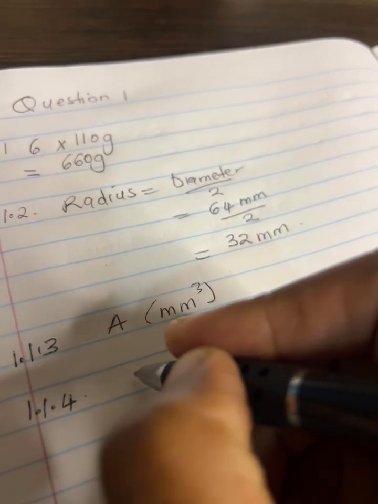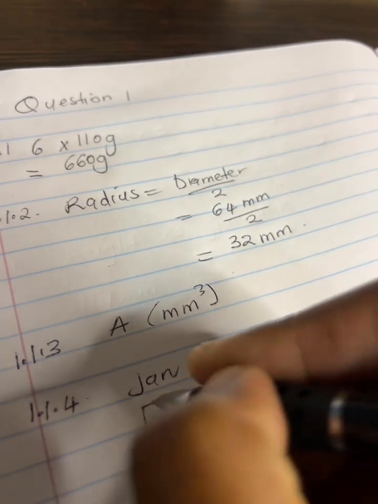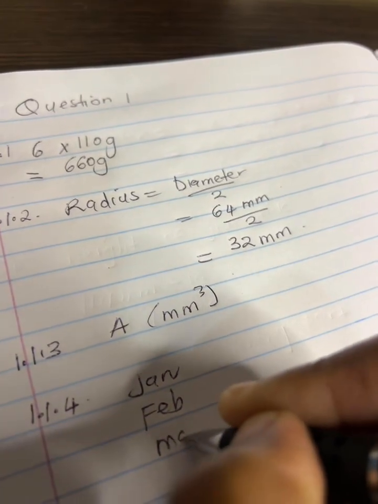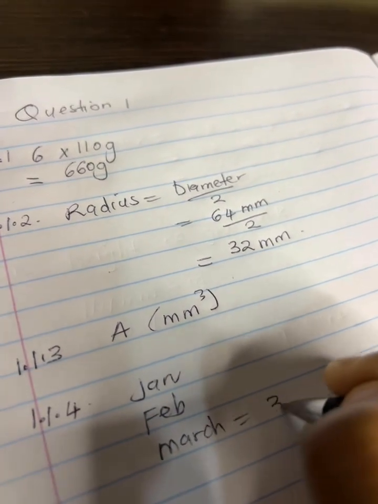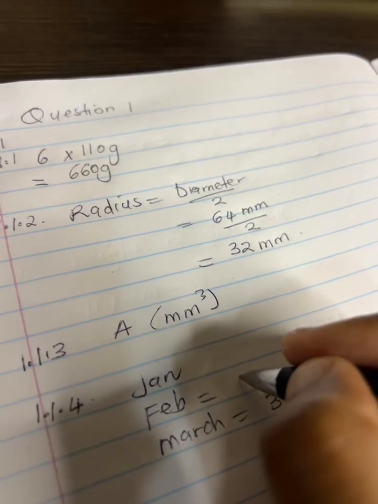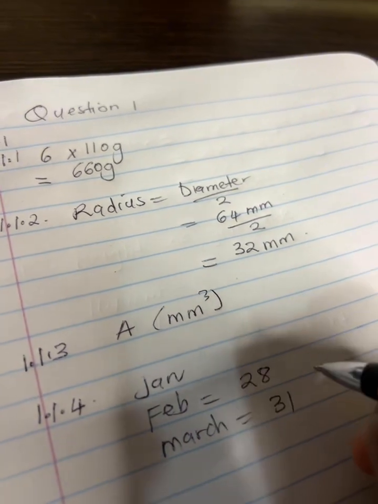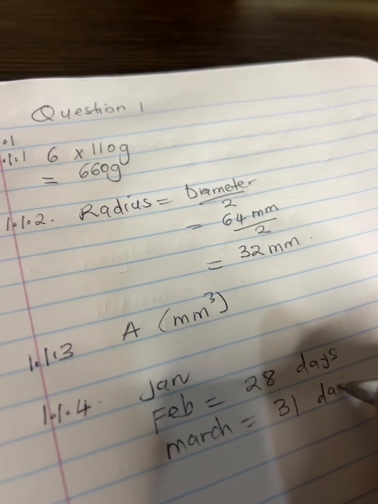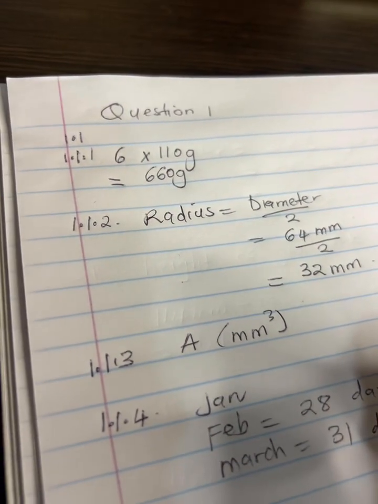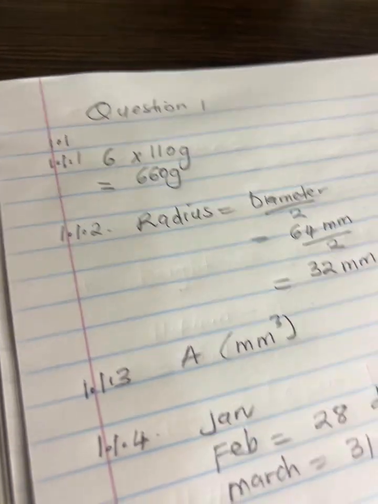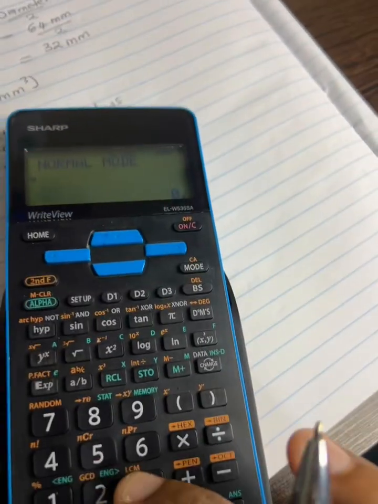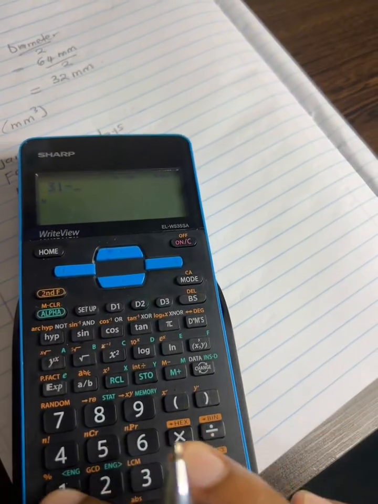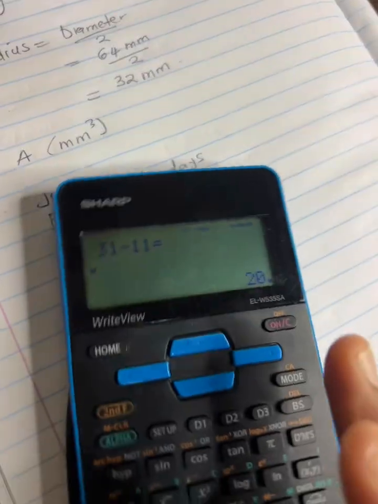For January, we say 31 minus 11 because the special is starting on the 11th. 31 minus 11, and the answer will be 20.